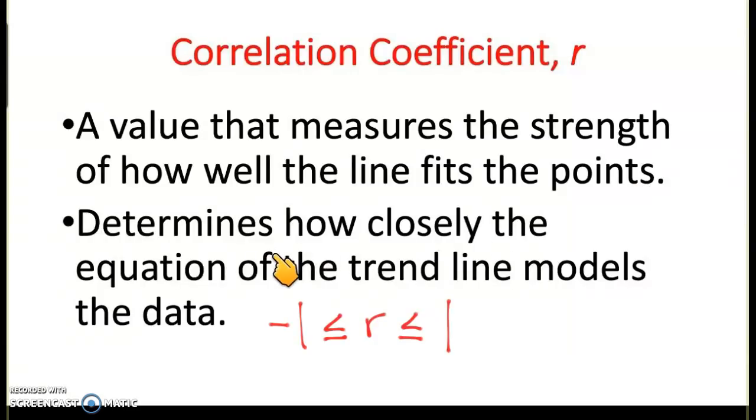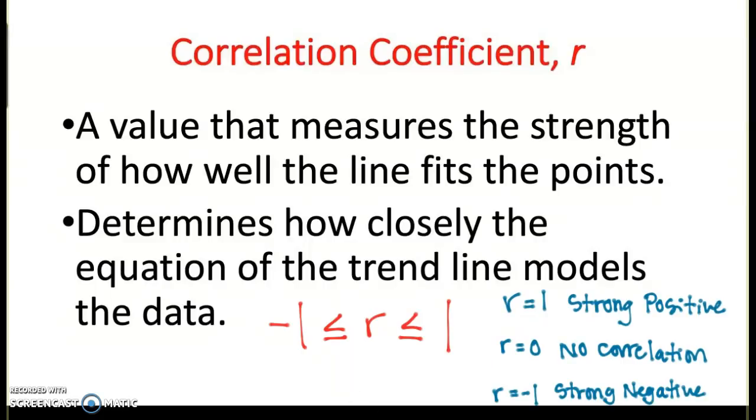It also determines how closely the equation of that trend line models the data. The correlation coefficient R is going to be a value between -1 and +1. Again, it can be any number between -1 and +1.